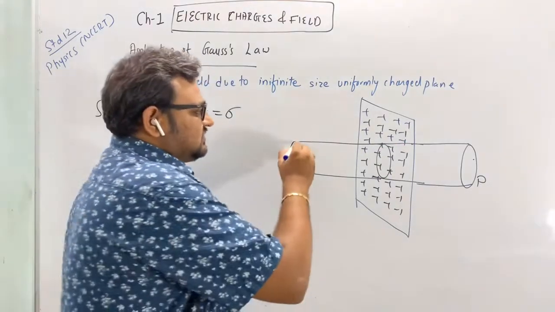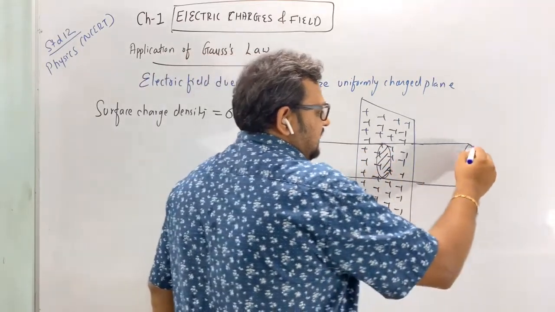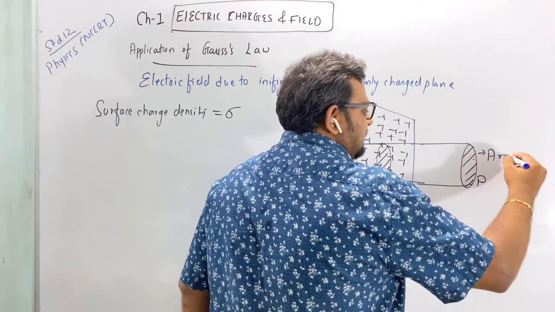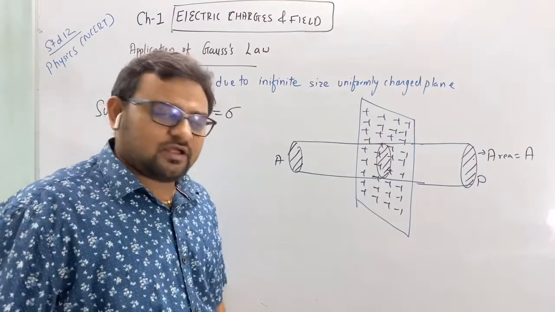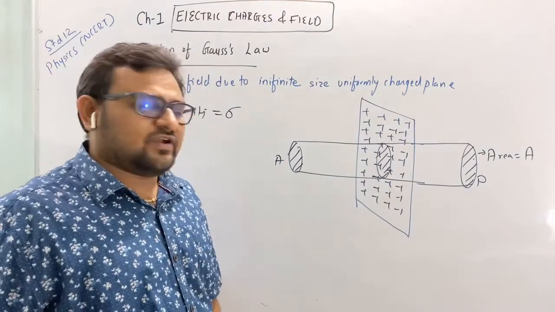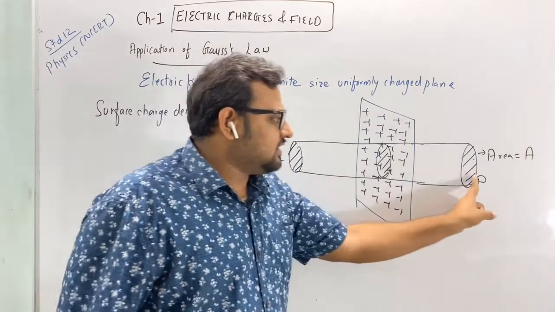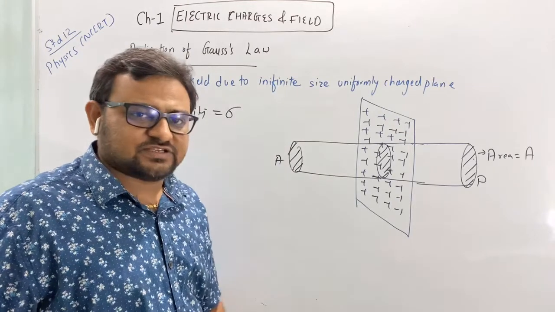Let this area be A. This will also be A and this will also be A. There is one curved surface and two circular surfaces, so these are the three surfaces.